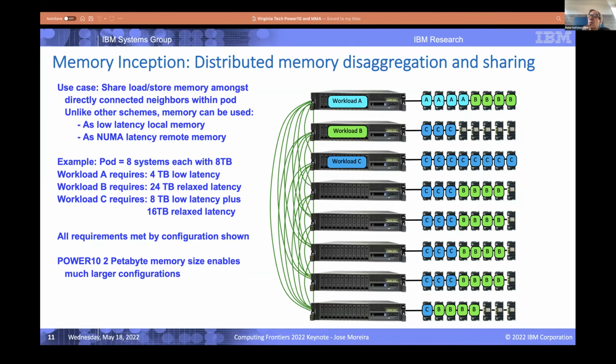And because we've set the fabric up to have low latency for SMP type structures, this is a low latency way to create a large memory address space.